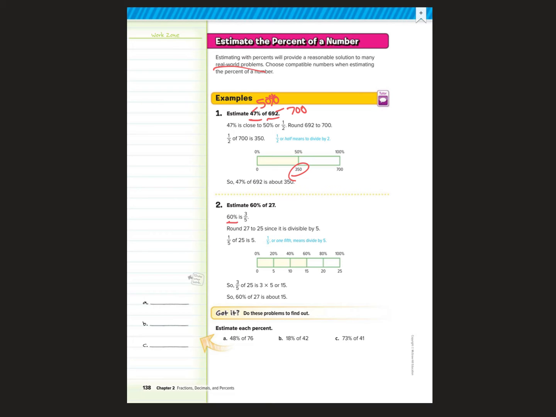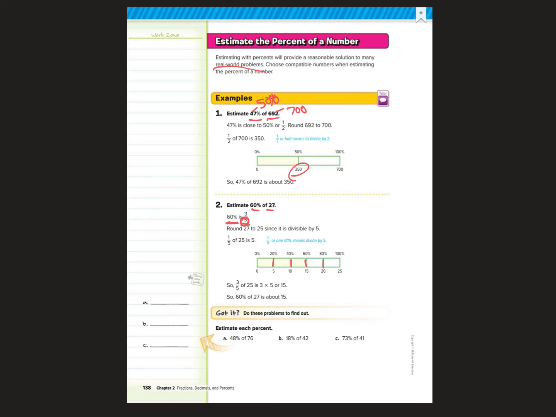Here, we're estimating 60% of 27. Interesting. So here's the way they went. They said 60% is 3/5 in fraction form. So that tells us we need to slice it into 5 equal pieces. 1, 2, 3, 4 cuts makes 5 equal pieces.